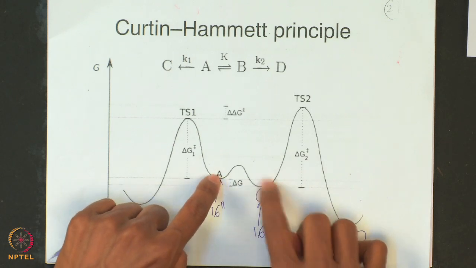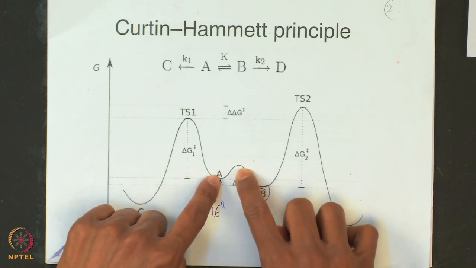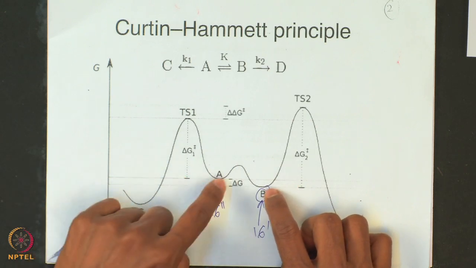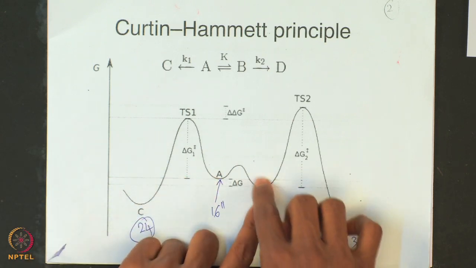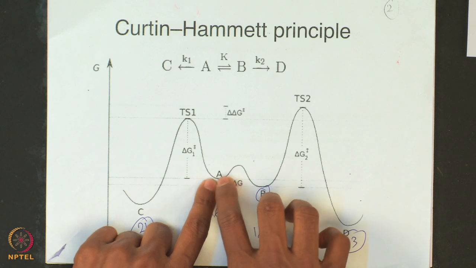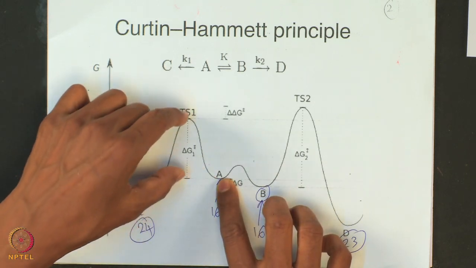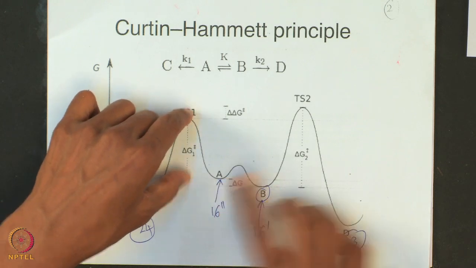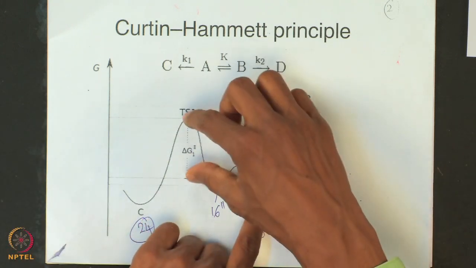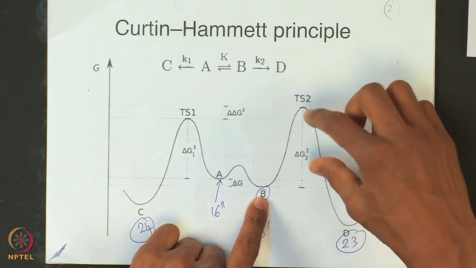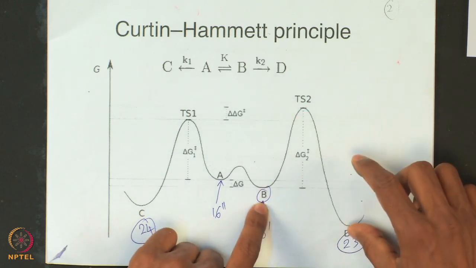Under that situation, this energy barrier is very less, and therefore B can always go back to A, and then A to C product formation, that is the lower energy requirement compared to the subsequent B to D formation.